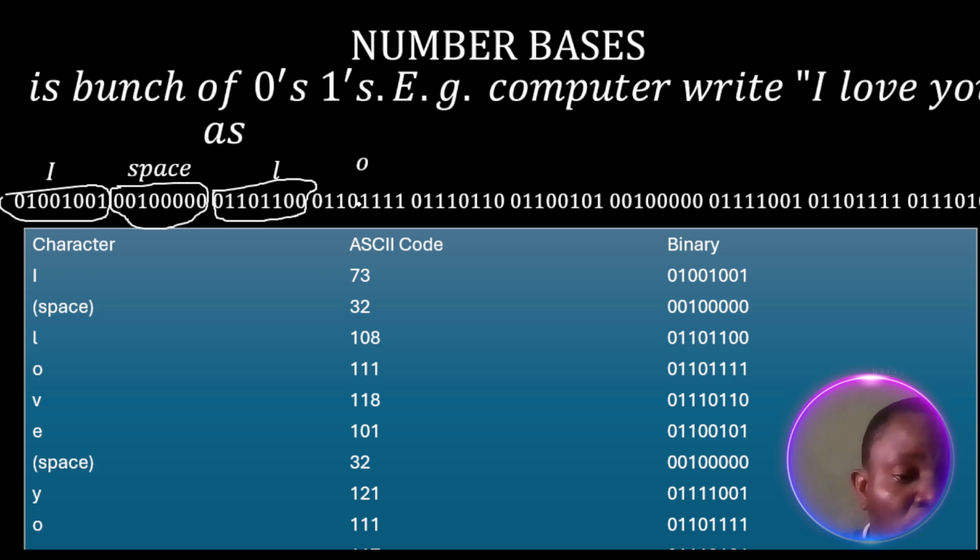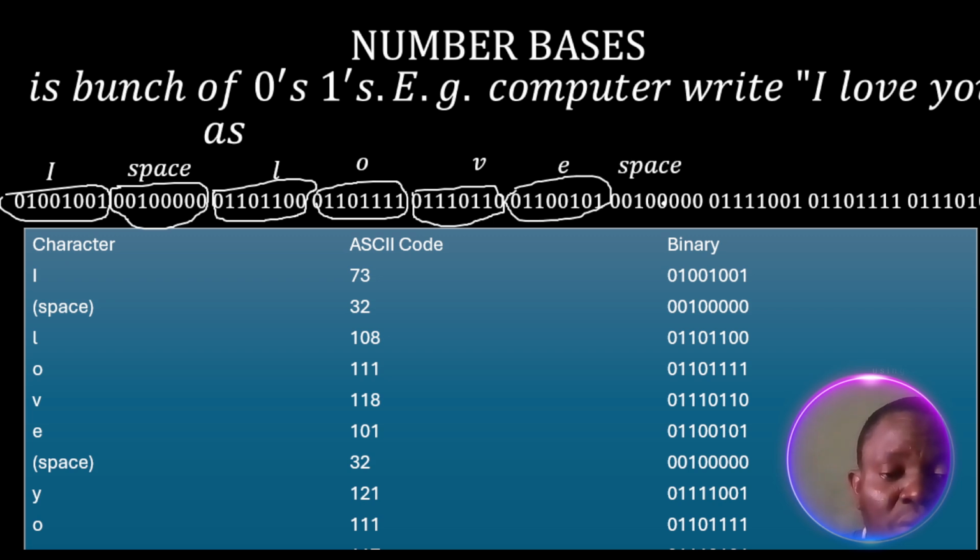While this one is small letter O, if it is a capital letter O, the number will be different. While this one is small letter V, if it is a capital letter V, it will be different. While this one is small letter E, if it is a capital letter E, it will be different. While this one is the second space.